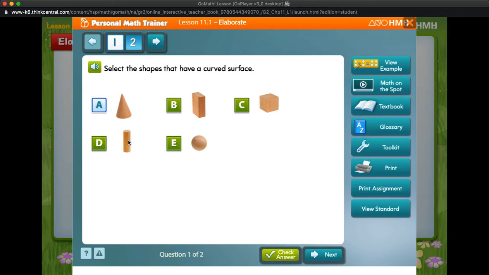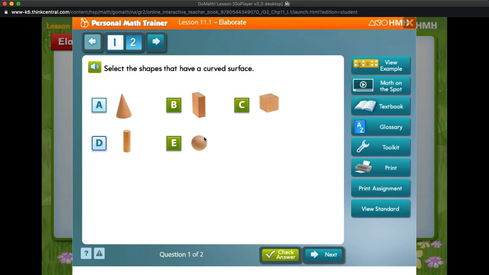Now we look at the cylinder. Remember about the cylinder, we have two flat surfaces on the top and bottom opposite each other, and those surfaces are circular or curved. So a cylinder has curved surfaces. And then lastly, E. This can be kind of tricky.